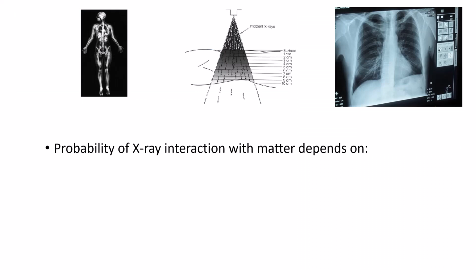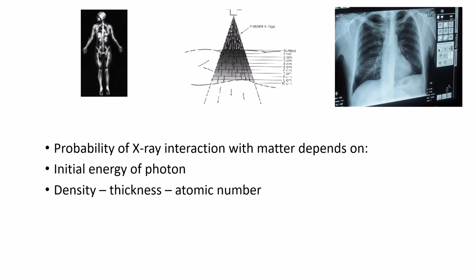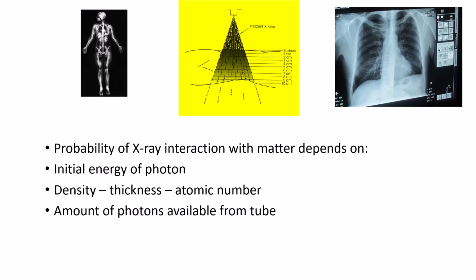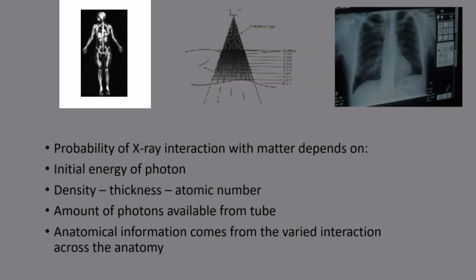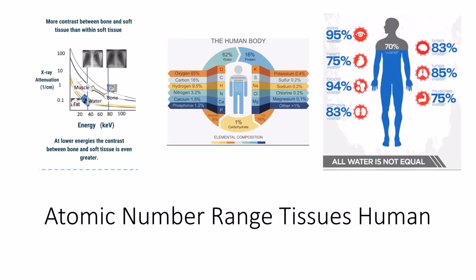The probability of X-ray interaction with matter depends on the initial energy of the photon, the density values of interest of the imaged area. This is comprised of the thickness and atomic number of the tissue, the amount of photons available from the X-ray tube, and anatomical information from the varied interaction across anatomy.